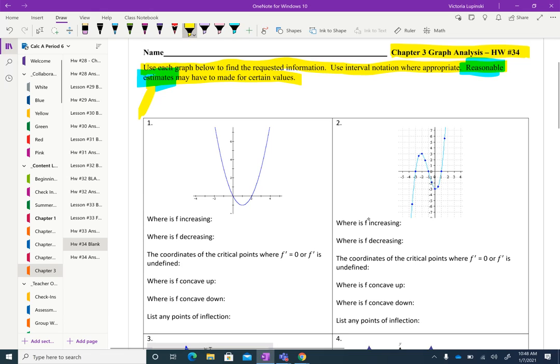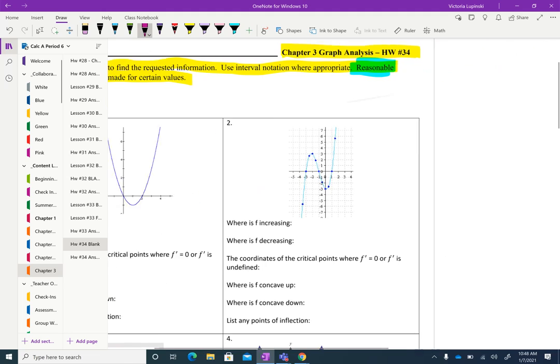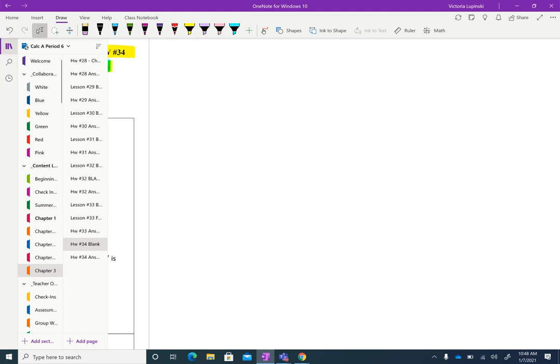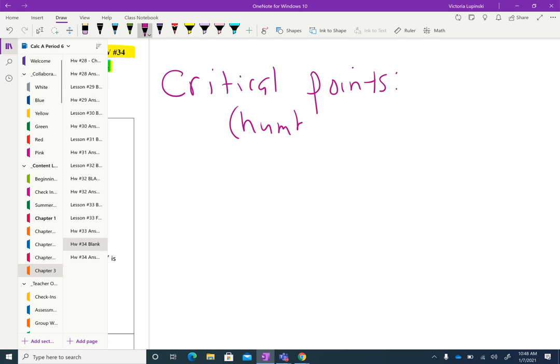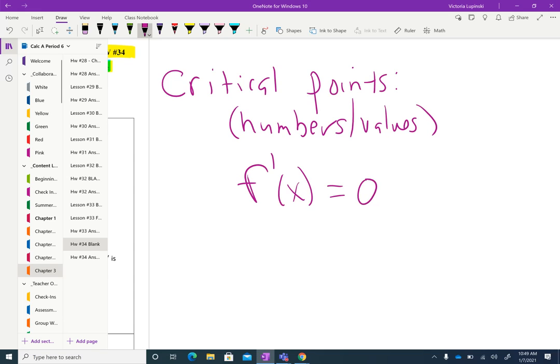So again, in this white space, you're going to write the following hints and notes. I'm just going to do them off to the side. First of all, let me remind you that when I am asking you for critical points, remember that critical points can also be called critical numbers or critical values. There are two main scenarios that make something a critical value. The first is anywhere that the first derivative is equal to 0.